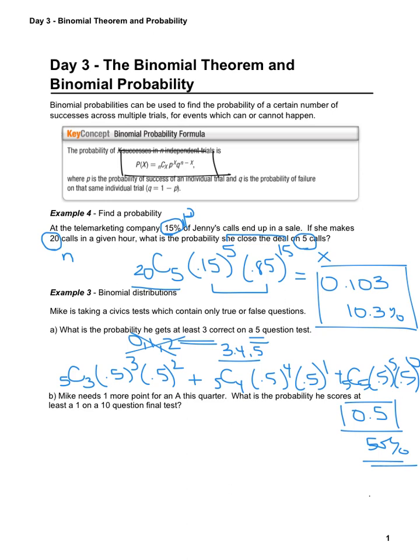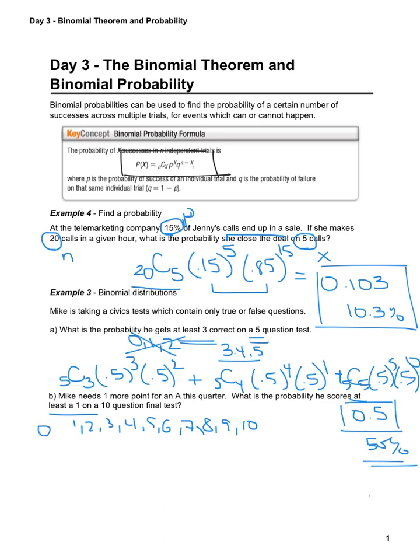The final situation, we're going to use complements to help solve, because Mike needs one more point for an A this quarter. What's the probability he scores at least a 1? At least a 1 means 1, 2, 3, 4, 5, 6, 7, 8, 9, or 10. Well, I don't want to add those 10 probabilities together on my own. What other situation could I look at?